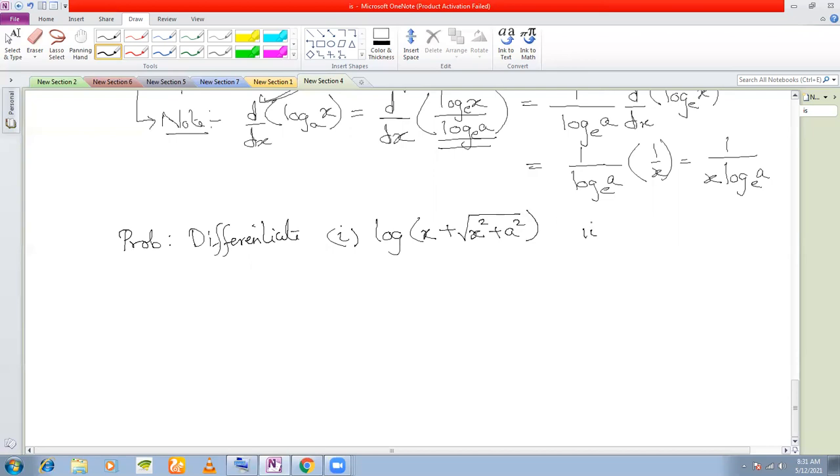Next one here is log root of 1 minus cos x by 1 plus cos x. Third is log, and again you have a log.